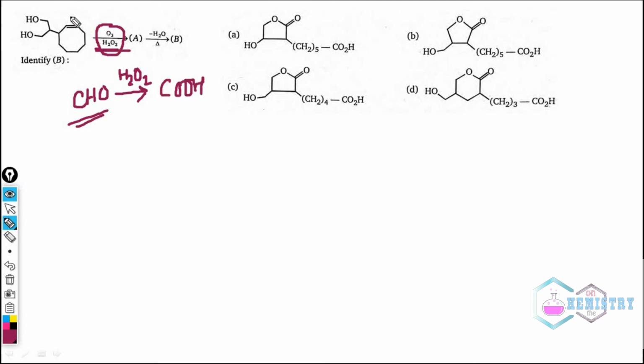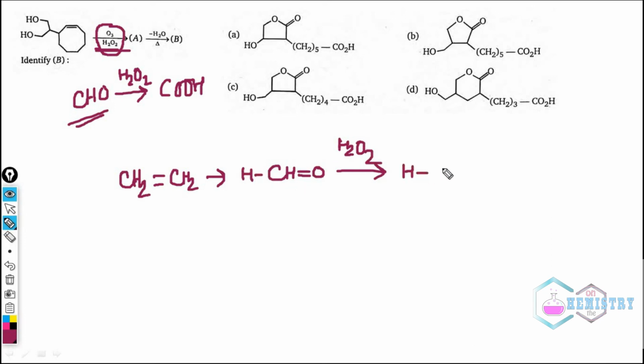Hence, what happens in ozonolysis? The double bond breaks and forms a carbonyl compound, and on H2O2 addition, this carbonyl compound will form a COOH group. So in this case, this bond will break, two carbonyl compounds will form, and those two carbonyl compounds will convert to carboxylic acids.